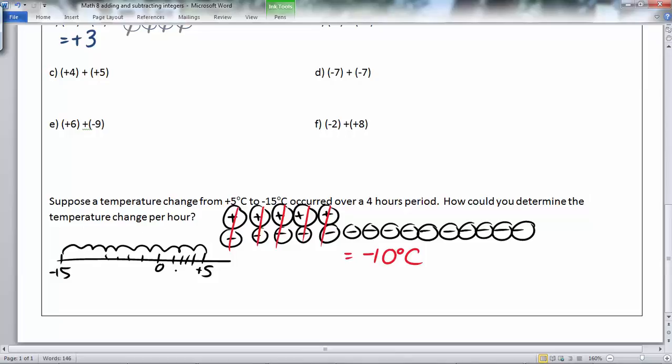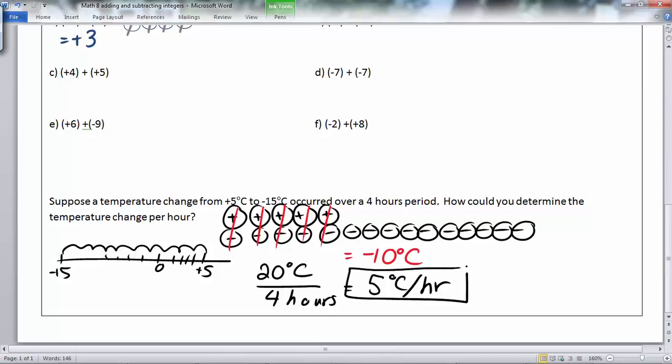So the current temperature is negative 10, but I've actually changed 20 degrees Celsius over 4 hours. So 20 divided by 4 is 5 degrees per hour. So that's the answer to your question. Make sure you're reading the questions carefully. They can get kind of tricky.